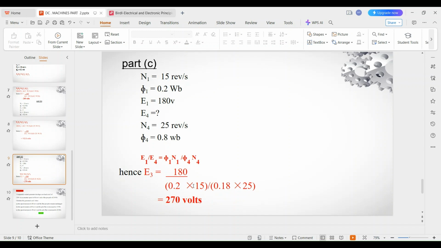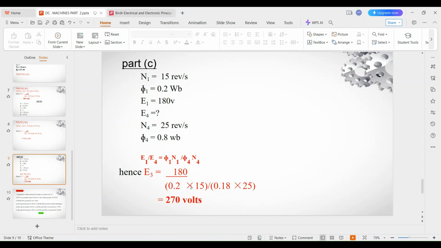What are you getting as your answer? Mine is 0.6667. So I'll say 180 divided by answer. And my answer is 270 volts. I believe you have done the same also on your side. And that is the end of that section.